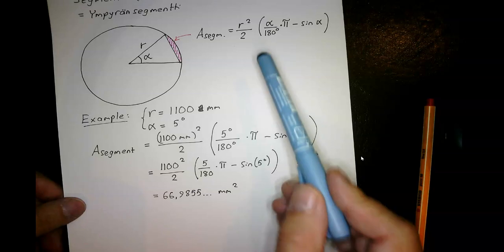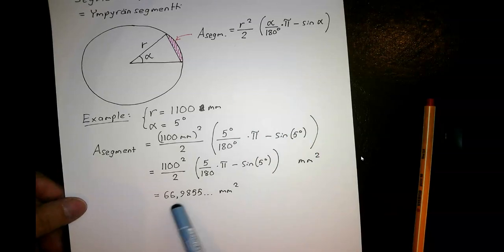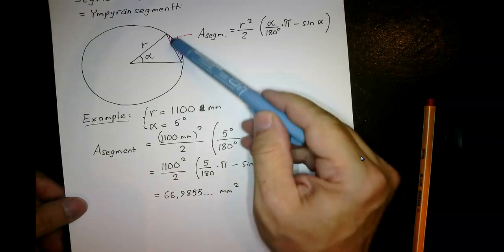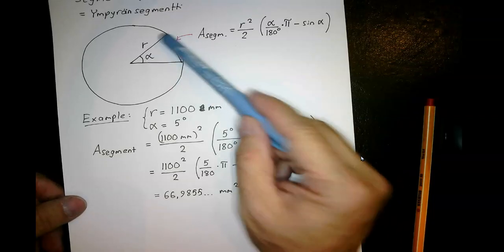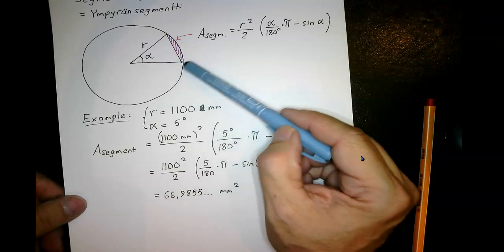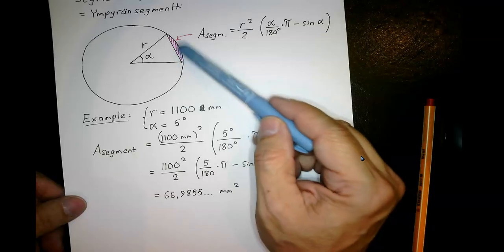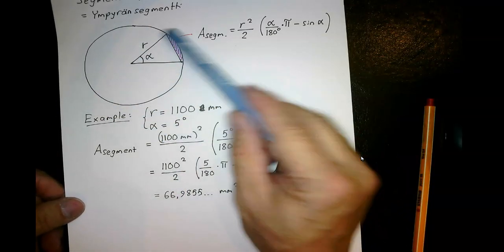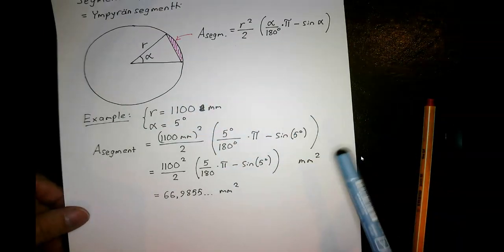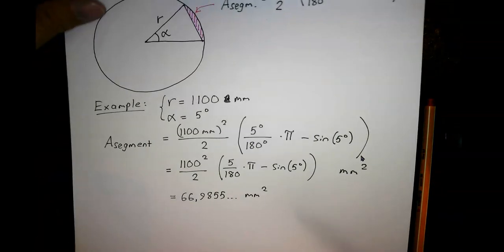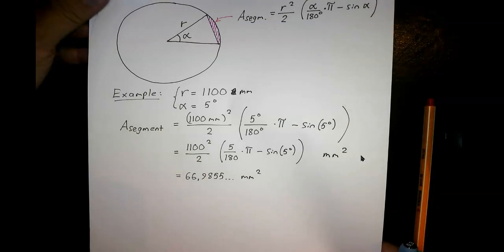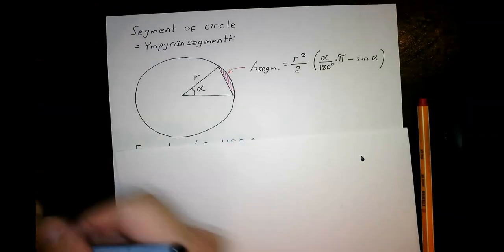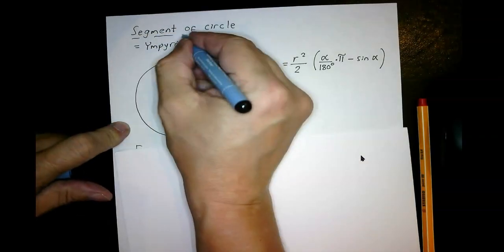And that's why the area was so small. Of course, in this picture also we can see that this area of segment is very small if we compare it to the area of the circle. So that was the segment of circle.